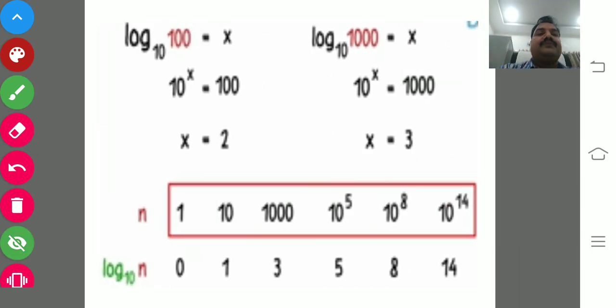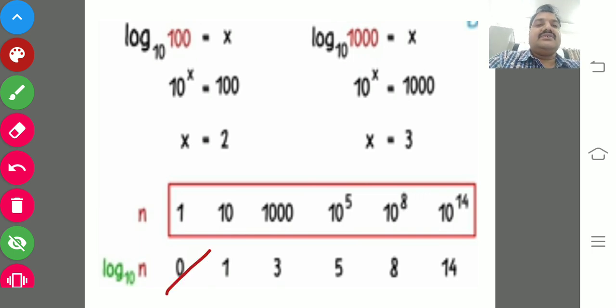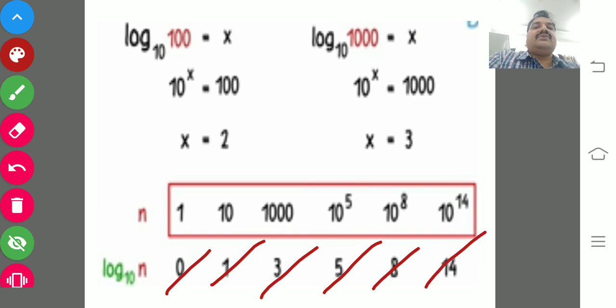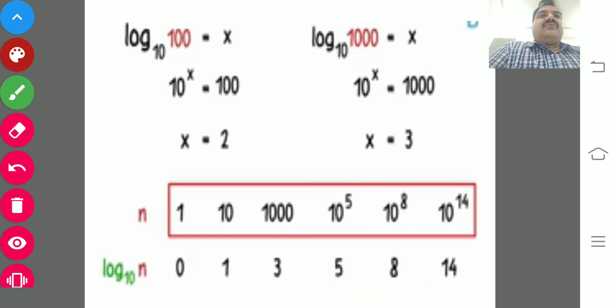Yes, children. Here, in the previous slide, what I have applied is logarithm, and the answers are here: 0 is here, 1 is here, 3 is here, 5 is here, 8 is here, 14 is here. After finding these, what could you understand?